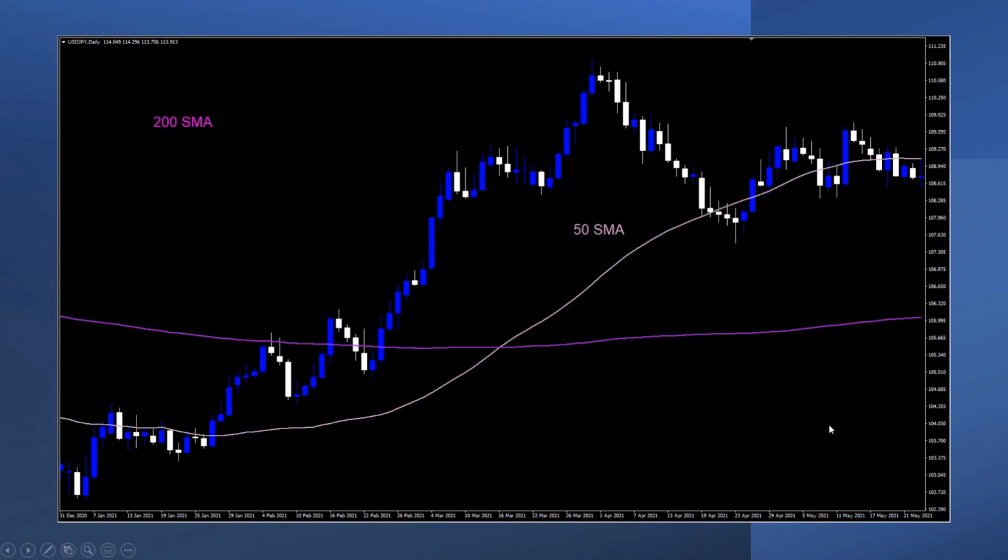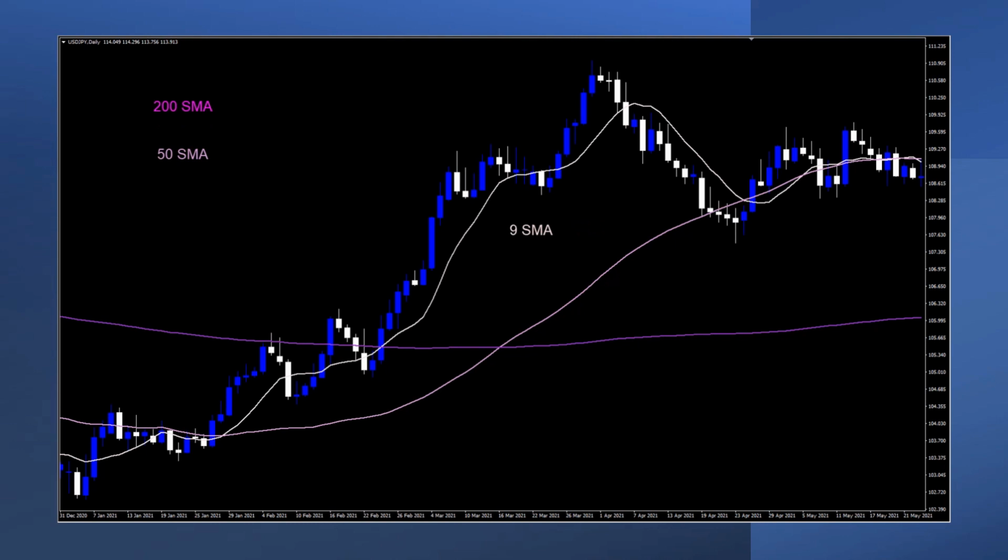Now, if we cut that down and we only look at 50 candles back, again, we're still using the simple moving average. You can see that that baseline is a little more closely aligned with the price or the candles itself. And we can even go further than that.